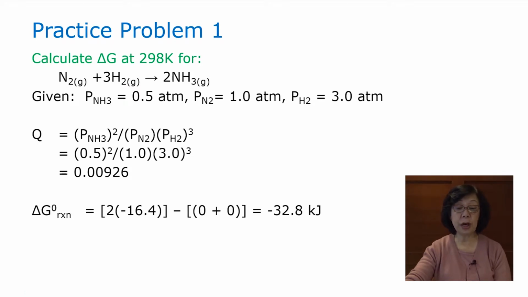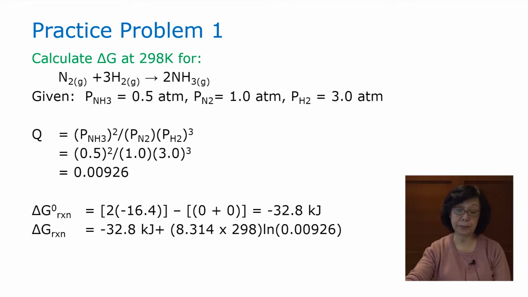Now the ΔG0 of the reaction at standard condition, and we look up the value from the book, is equal to negative 32 kilojoule. That's equal to 2 moles of the ammonia minus that of the reactants. The reactants are nitrogen and hydrogen elements, whose ΔG0 is 0.